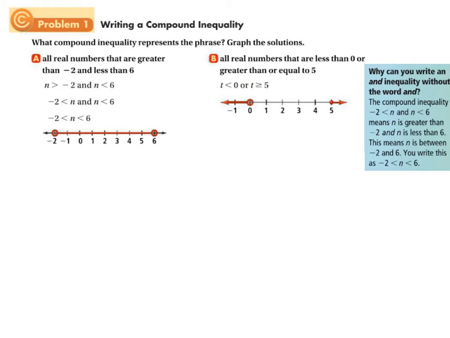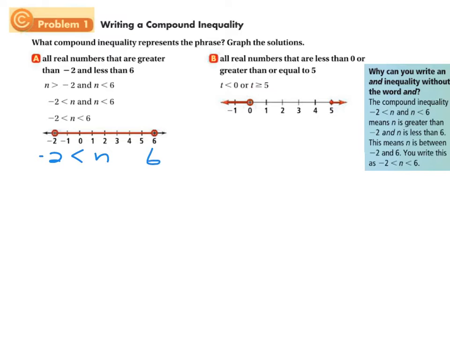T is less than 0, t is greater than or equal to 5, and if we use the method that I said in the last video, once we've gotten those endpoints here, we can say -2 is that number, and we're talking about n in this case being shaded on the right-hand side of the -2, not including it, okay?